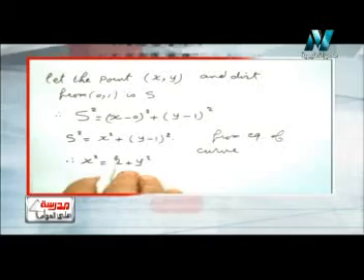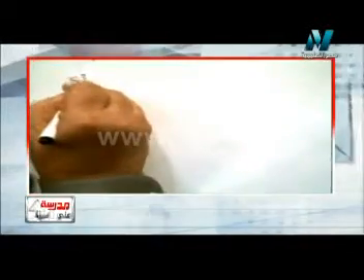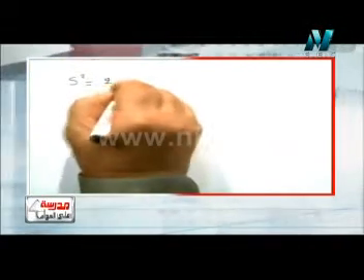Then we have to substitute. Then we get s square equals, removing x square and putting 2 plus y square in its place, plus y minus 1 all square.